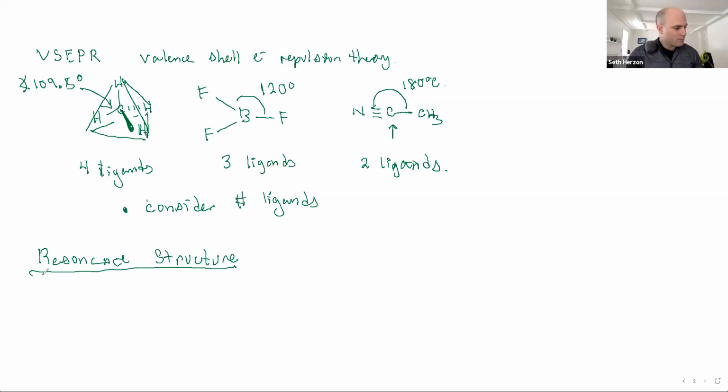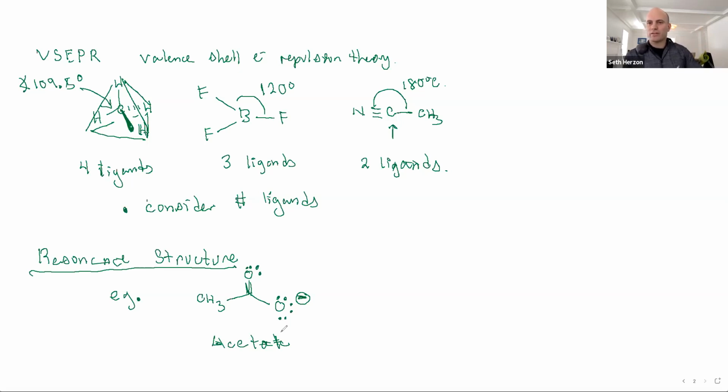Okay, and so this is best illustrated with an example, and we'll use this molecule, acetate. So let me draw it in there. So this is acetate. Acetate is the conjugate base of acetic acid.